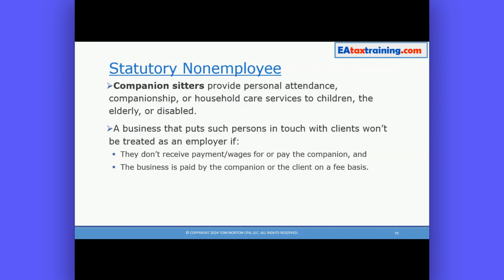So they will not be considered an employer if they don't receive payment or wages for or pay the companion, and the business, the agency, is paid by the companion or the client on a fee basis. So if the agency is just taking a fee, then they are not considered to be an employer.